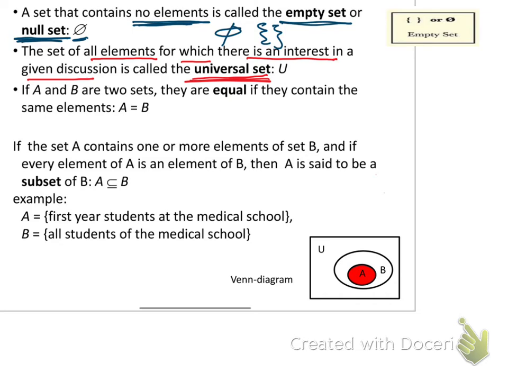So this is my universal set. If something is outside the universal set, I cannot discuss it, because the universal set is the set of people which I'm interested in discussing. Instead of having the whole universe with planets and solar systems, I'm limiting myself to the interest of the discussion, which is the universal set, Debrecen University.